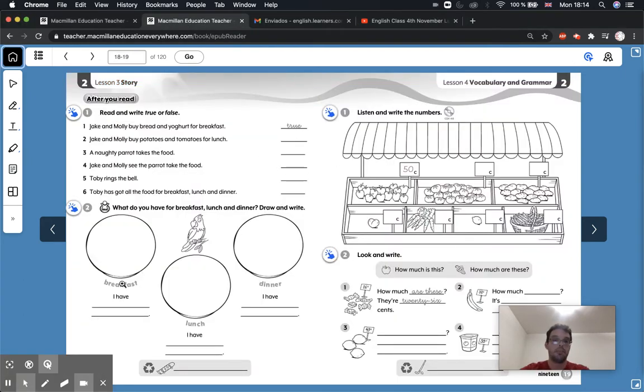Now, in the activity book, we're on page 18, page 18 and page 19. Unit 2, lesson 3, okay? Page 19 and 18. Now, we have some phrases from the story, okay?